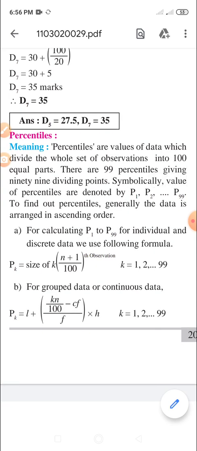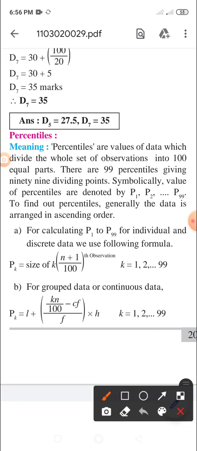For calculating P1 to P99, for individual and discrete series we use the following formula.